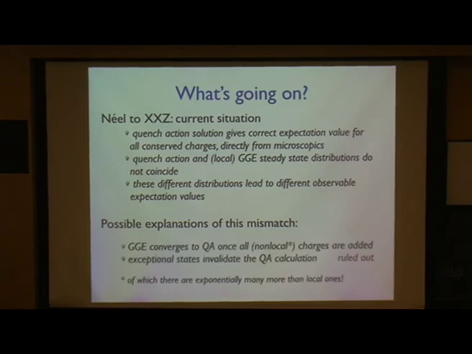The statement is that there are probably important non-local conserved charges that do affect the physics of these models, that we've never considered because they were not really directly related to physics, but these quenches might be enough to reveal them. Okay, so this is where we are at the very moment.